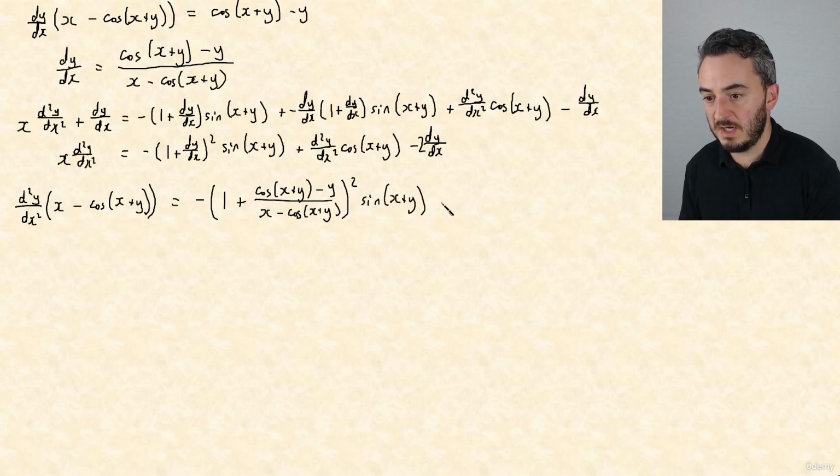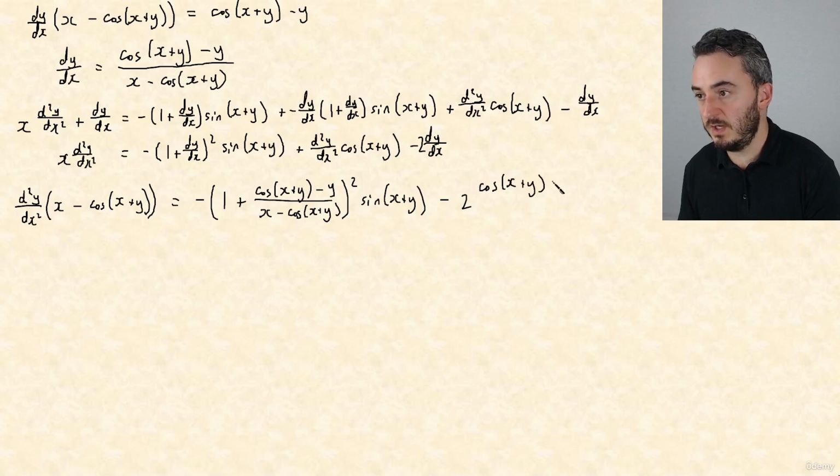And then we also have minus 2 dy/dx as well. So minus 2 times all of this stuff. So that would be 2 lots of, this is the first derivative, (cos(x+y) minus y) over (x minus cos(x+y)).